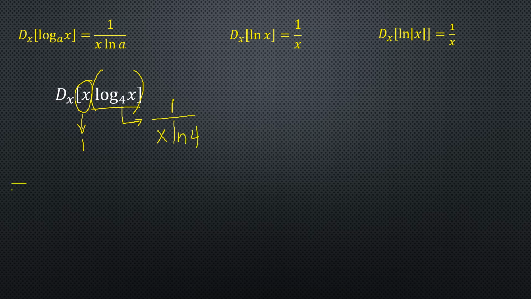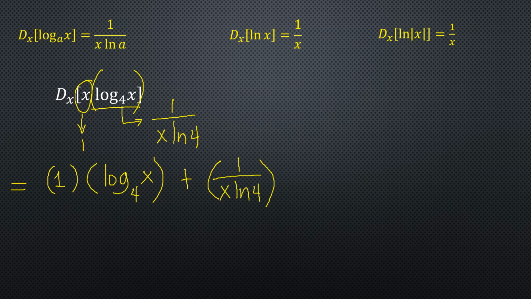Now use the rule of product, so we get the derivative of the first factor x, that is 1, multiply it to the second factor logarithm of x to the base 4, plus, now get the derivative of the second factor logarithm of x to the base 4, and that is 1 over x ln of 4, and multiply that to the first factor, which is x.